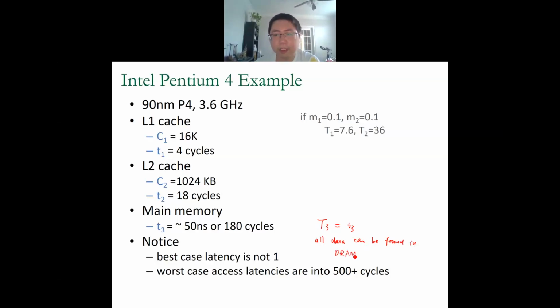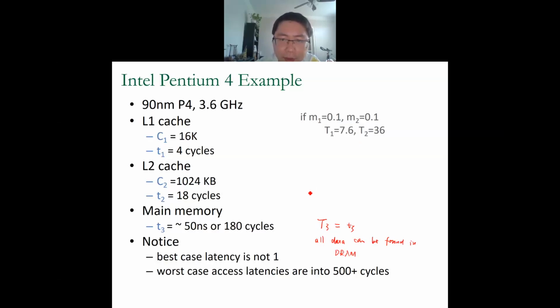Because DRAM is large, like gigabytes. Let's say one image is less than a gigabyte. You can save all the image in the DRAM, but you cannot fit all of it in the L2 cache. So then you have to do it backwards.